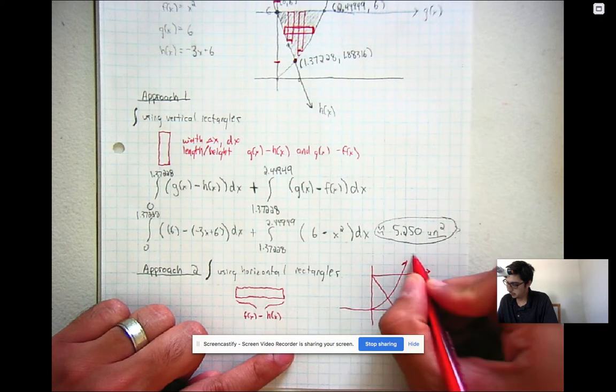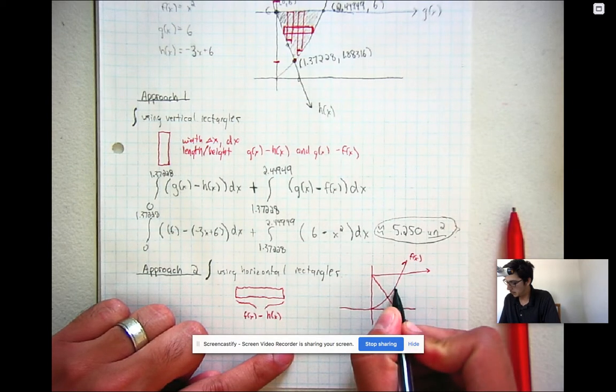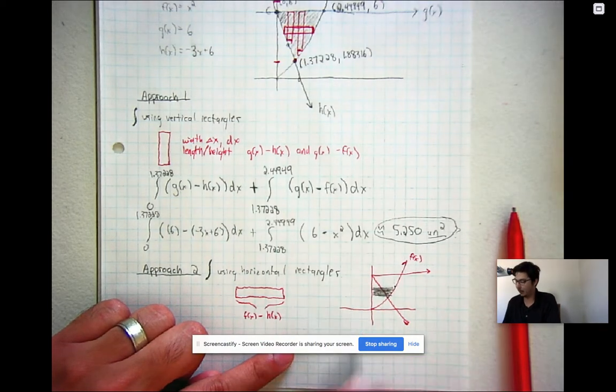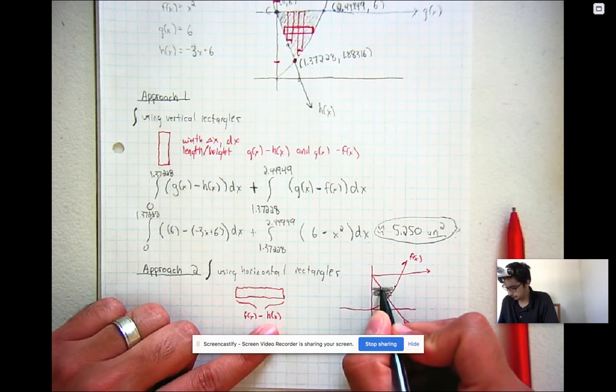So when I do the function of f of x, say it's from here to here, I'm finding this entire area to the y-axis now, not to the x-axis anymore. And then I'm subtracting off h of x, which is the area from the leftmost curve over.